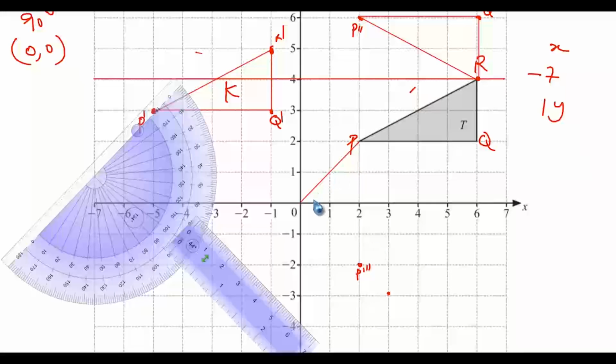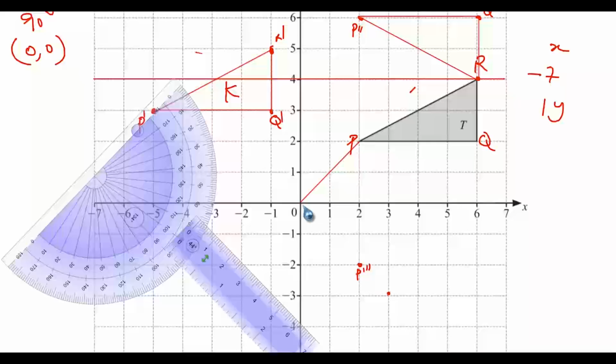So I'm going to draw a line from the center of rotation to point Q, then measure 90 degrees using the protractor and measure the length from point O, that's the origin, to point Q and draw just like what I did here.